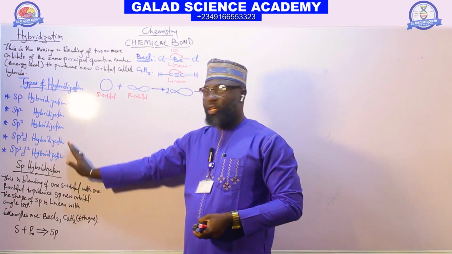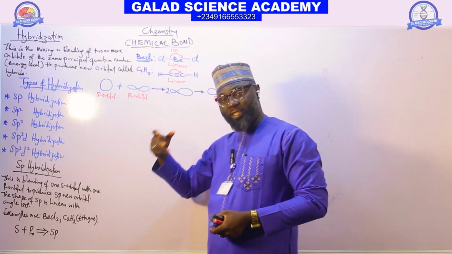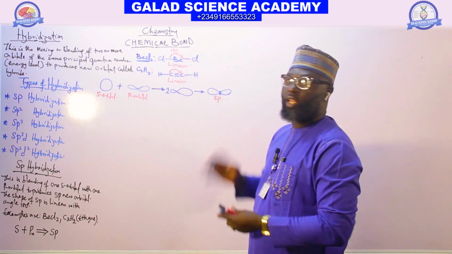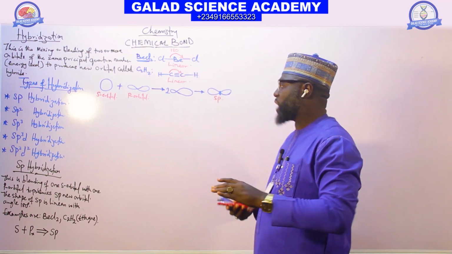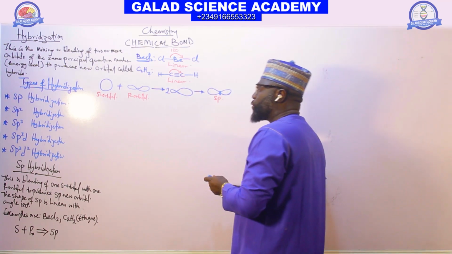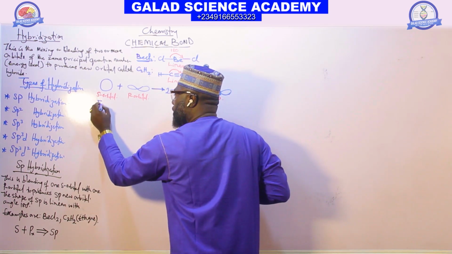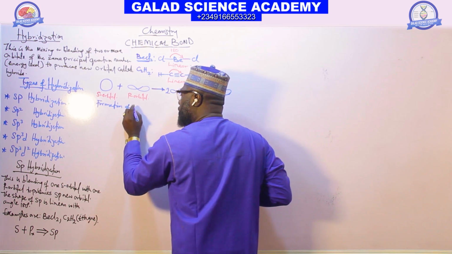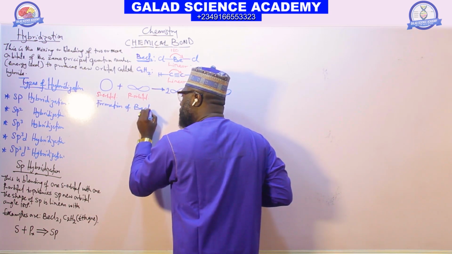So the remaining hybridization, I will show the scenario that happens in the hybridization. But let me show it here for you to understand the full concept of the hybridization. Let me say for formation of BeCl2.